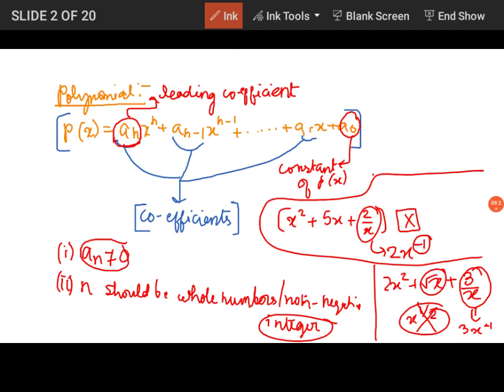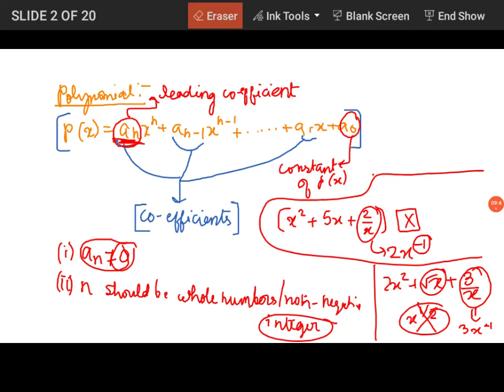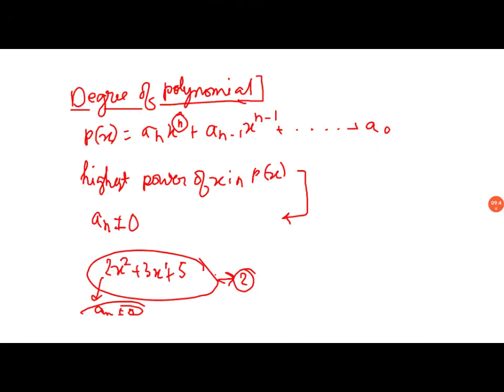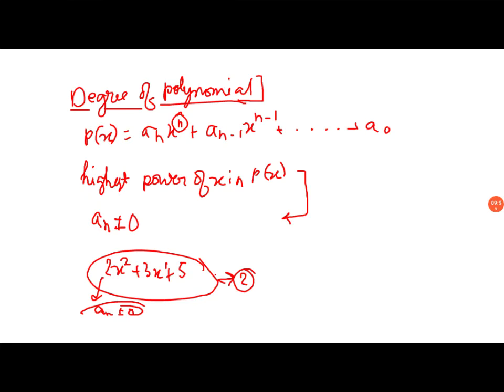Because if this is 0, this whole term is going to be 0. That's why we have written this condition here. So I hope that you have understood about polynomials and about the degree of a polynomial. Two conditions are very important: the highest power of x and the coefficient cannot be 0.